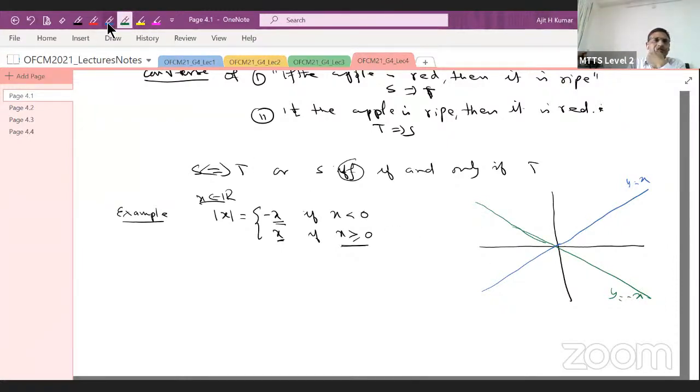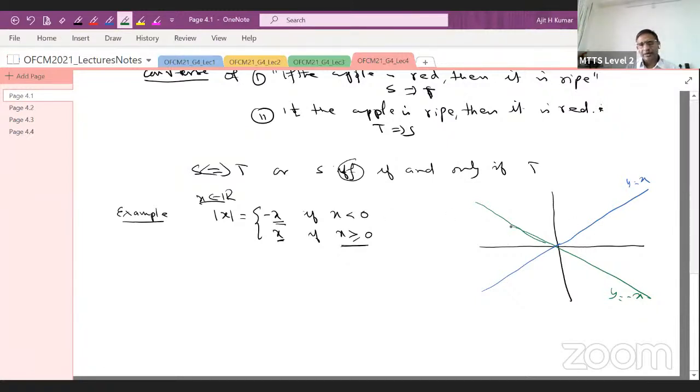If you look at y equal to mod x, what does it say? When x is negative, I will consider the graph y equal to minus x. And if x is non-negative, then I will consider the graph y equal to plus x. That's what it says.